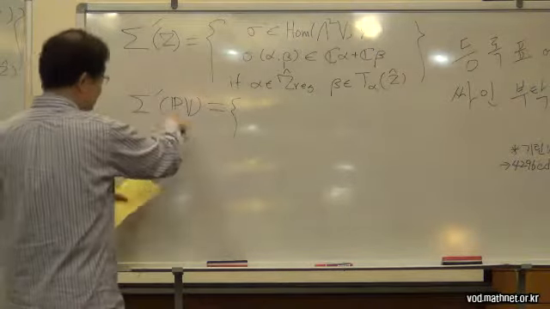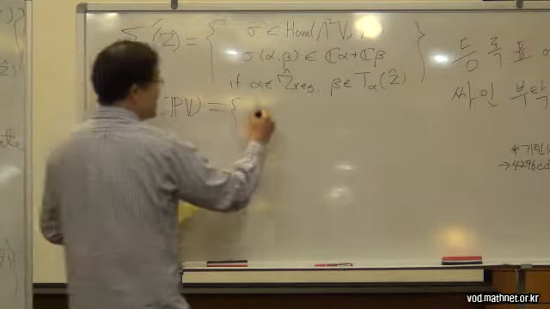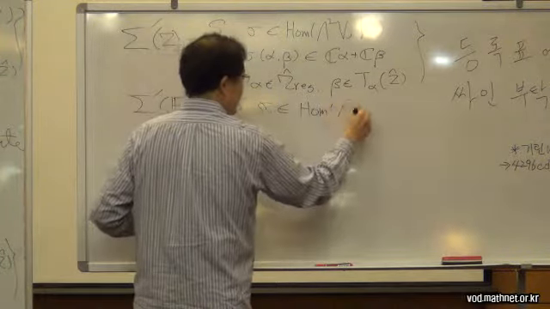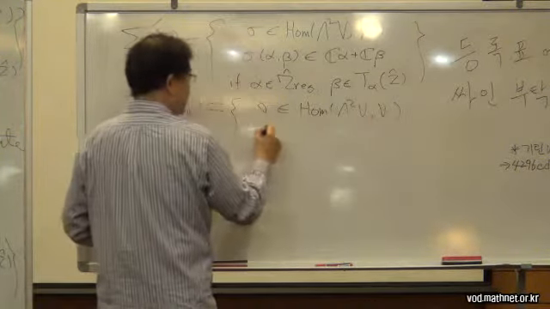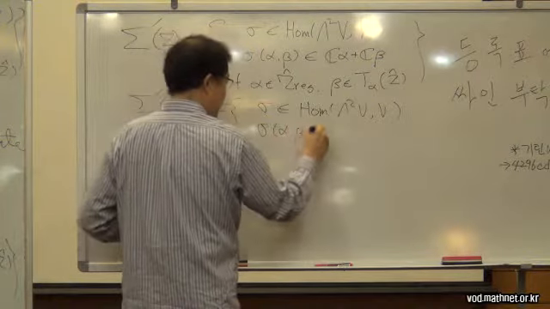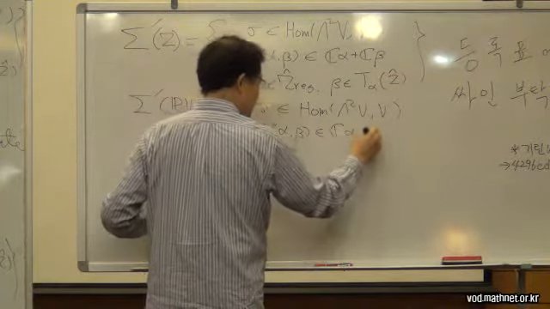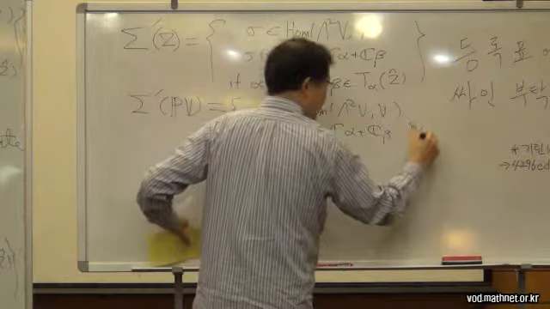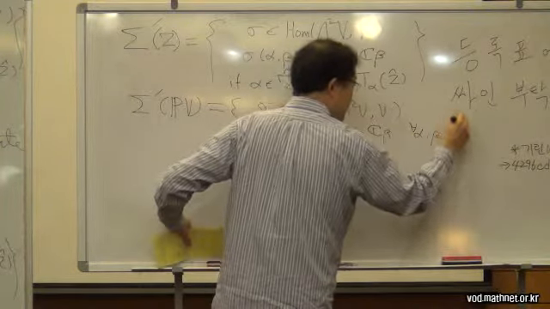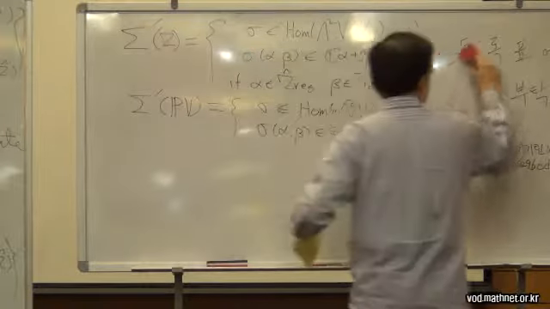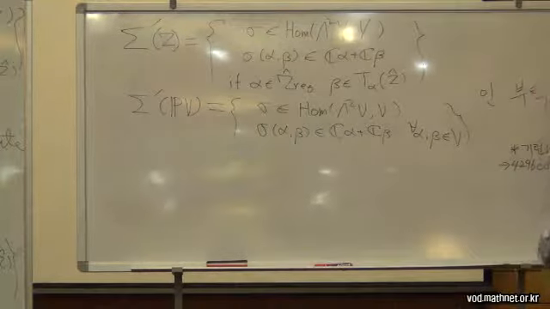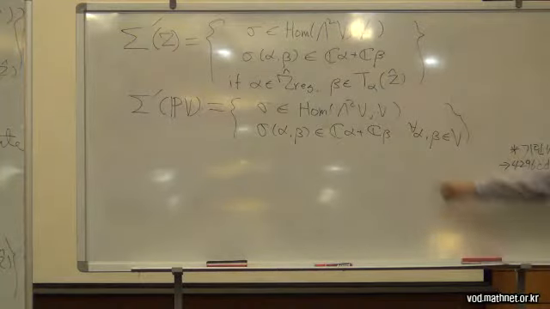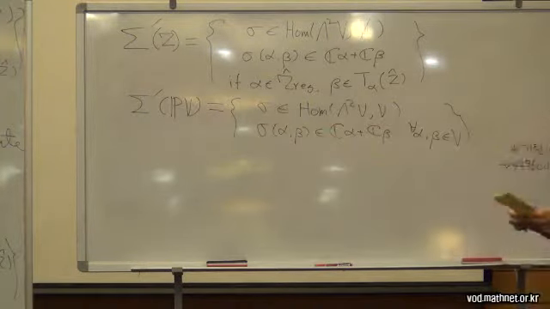Now sigma prime PV is such that sigma alpha beta is in the span of alpha and beta for all alpha beta. That's sigma prime PV. Okay.